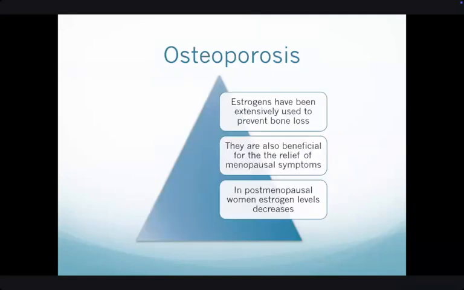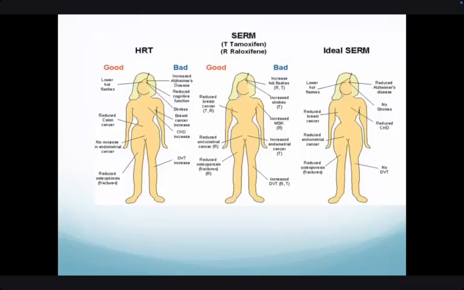So specifically in osteoporosis, we know that generally we use HRT to prevent bone loss in our postmenopausal women and to relieve menopausal symptoms. But we do not pay attention to the bad side of HRT when we compare to SERMs.